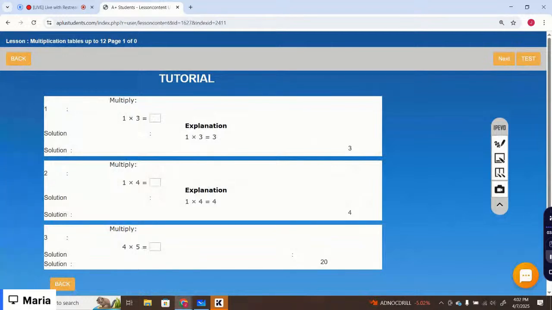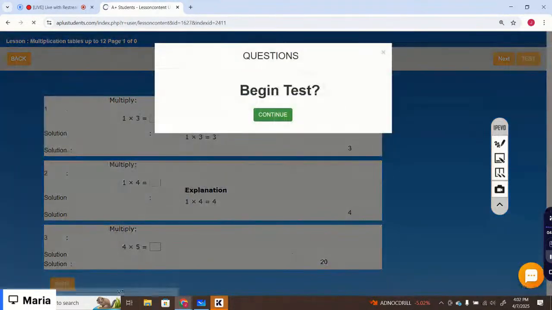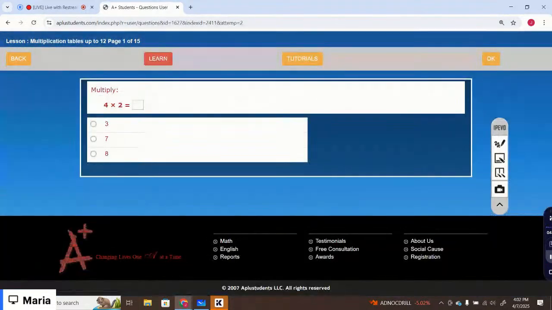So 1 times 3 is 3. Let's just start with the test questions. 4 times 2. So 4 times 2 is 8. Option number 3 is the correct option.